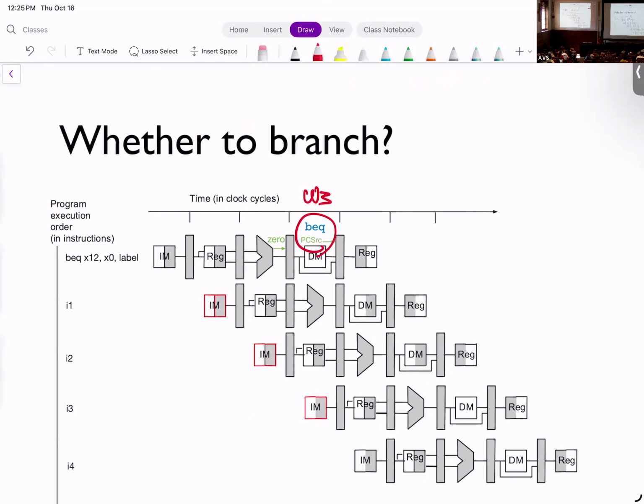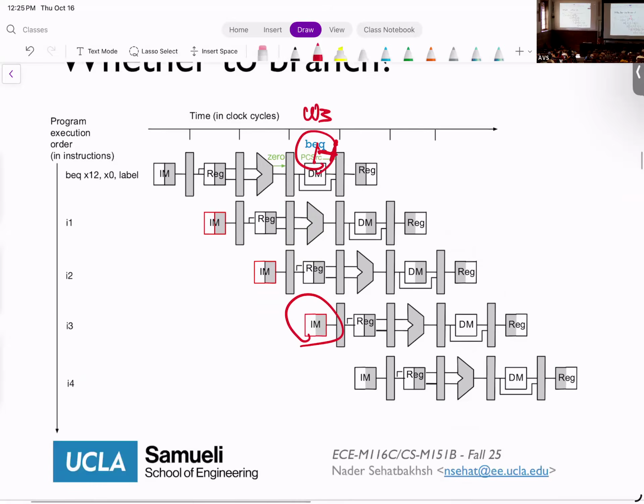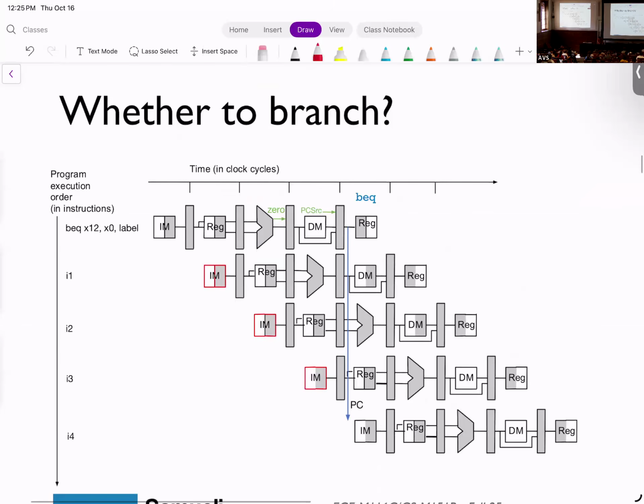Since I only know this in the middle to end of this cycle, I still cannot fetch the instruction here because I need to update my PC to be able to read the next value. So I can only read my next instruction after 3 cycles.